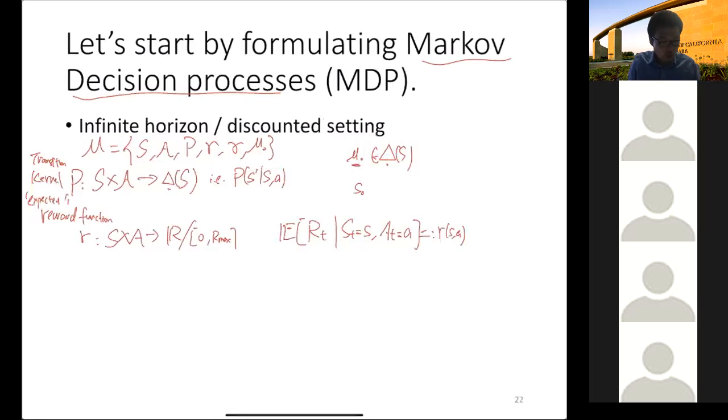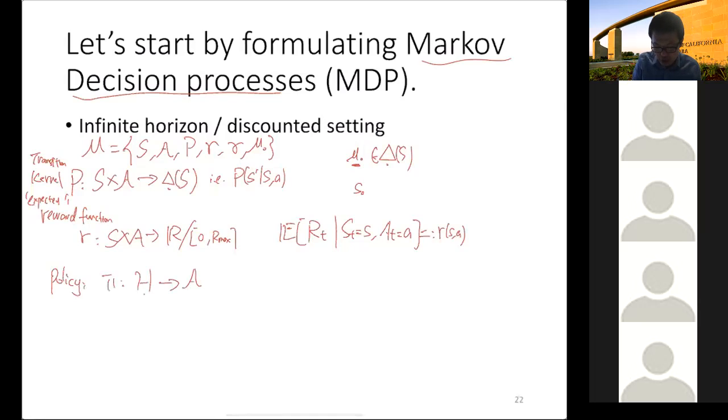Okay, so what else? What is a policy? A policy is a mapping from the entire trajectory to an action.